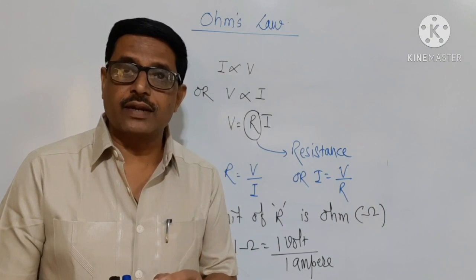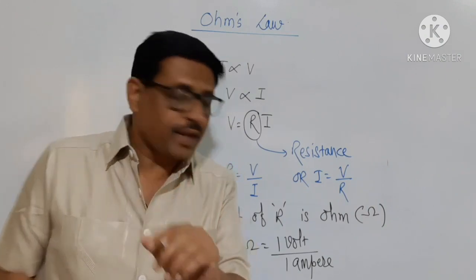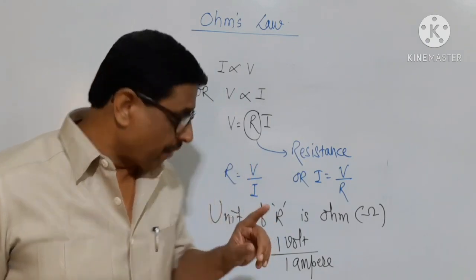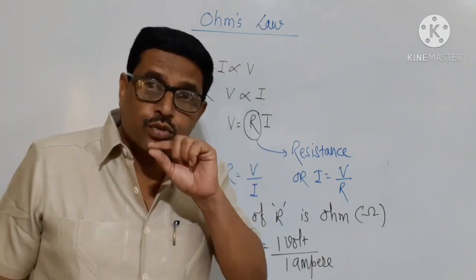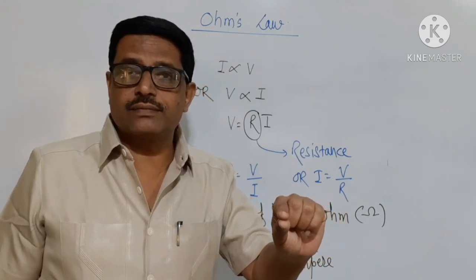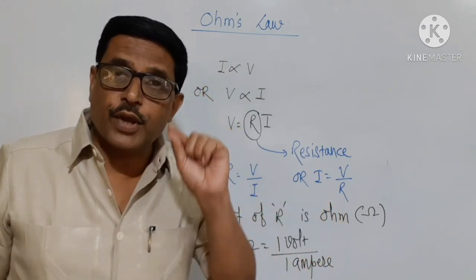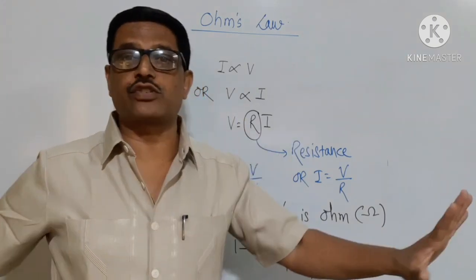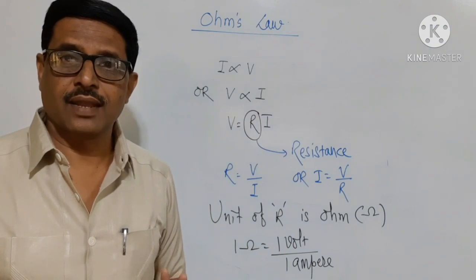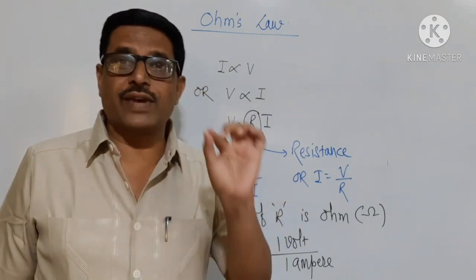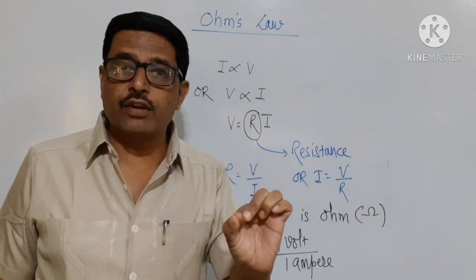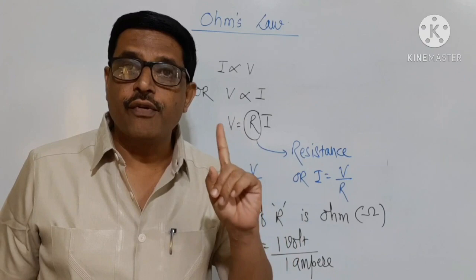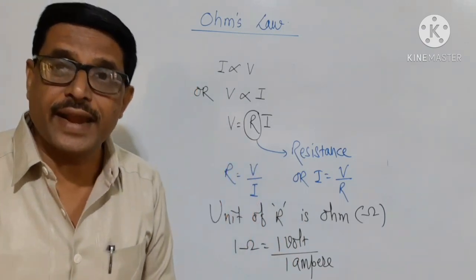The resistance of a given conductor is said to be 1 Ohm if 1 ampere of current flows through a given resistor when a potential difference of 1 volt is applied across the ends of the conductor. A resistance of a conductor is 1 Ohm if 1 ampere of the current flows through the conductor with a potential difference of 1 volt across its ends.